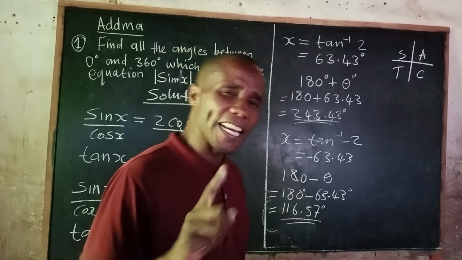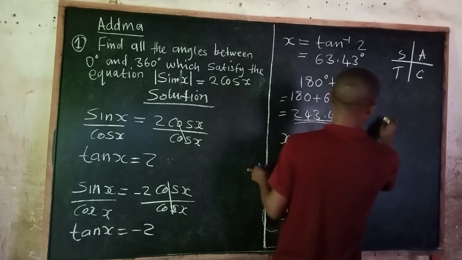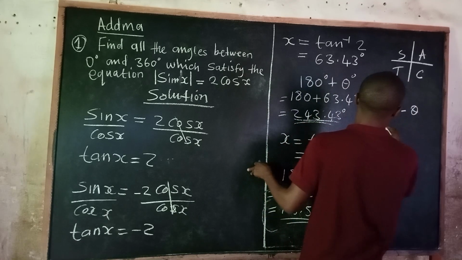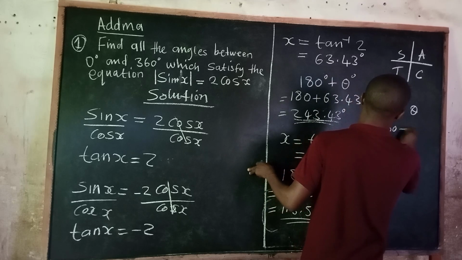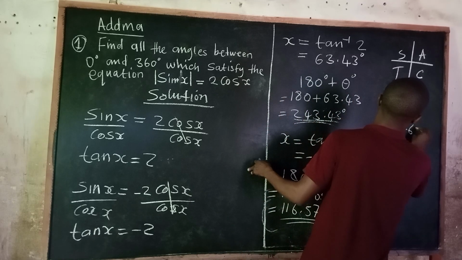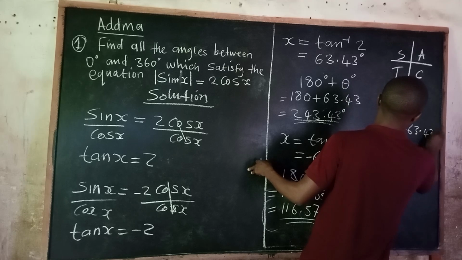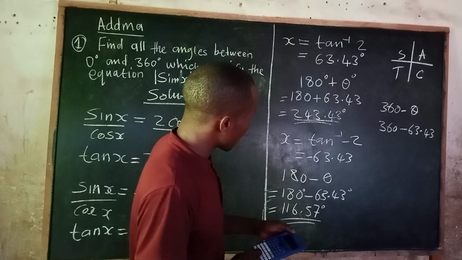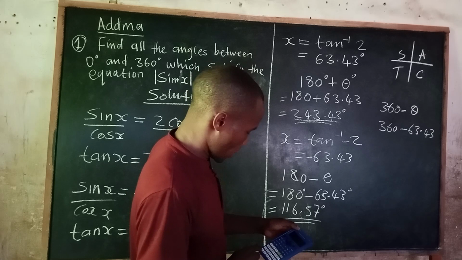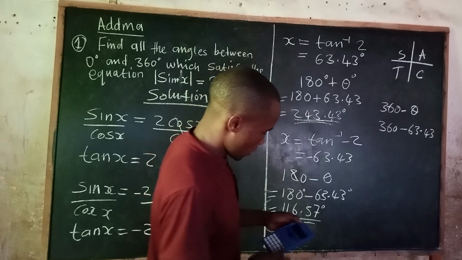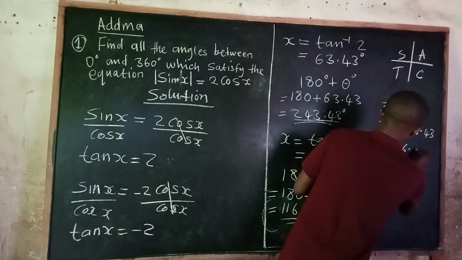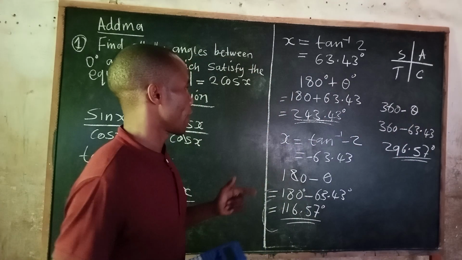There it will be 360 minus theta. So 360 minus 63.43. The answer is going to be 296.57 degrees. Okay, so that is our answer.